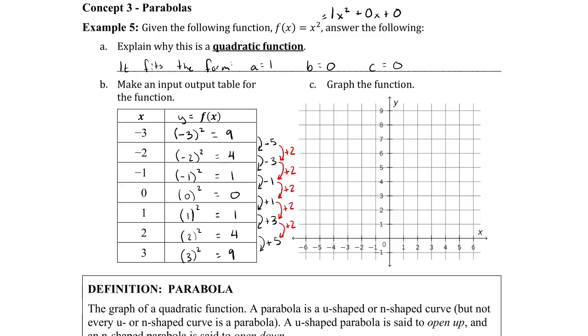So the values of y that we get here really do fit that pattern, the change in the change is constant, that we said we expected for quadratic functions.